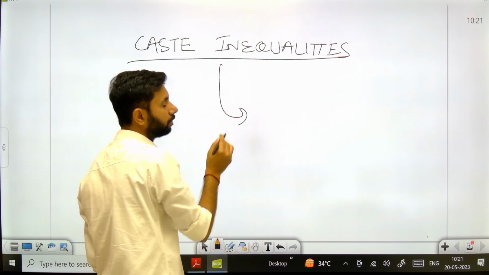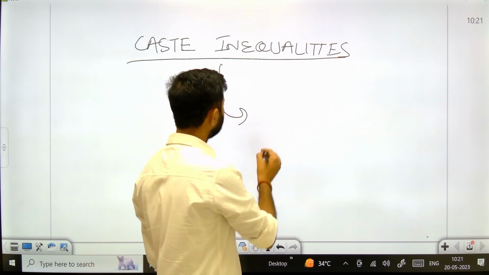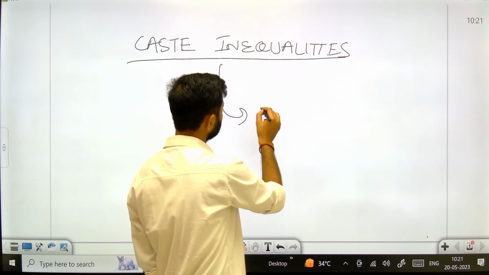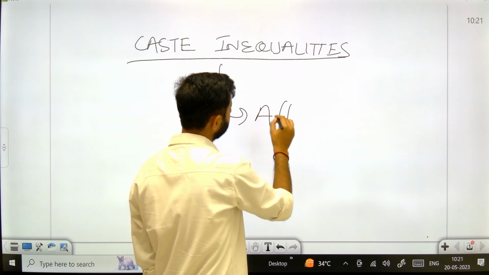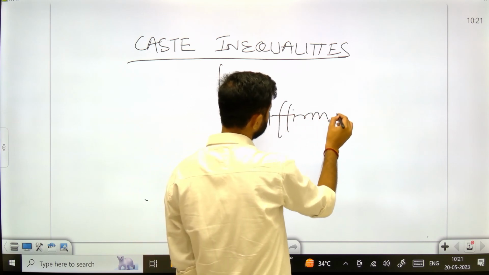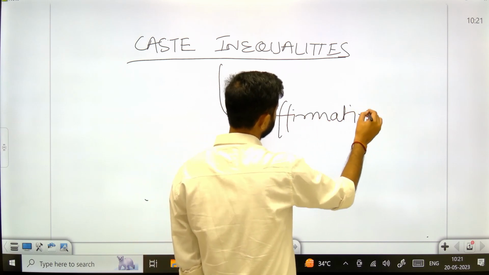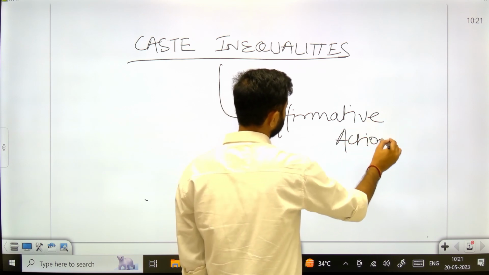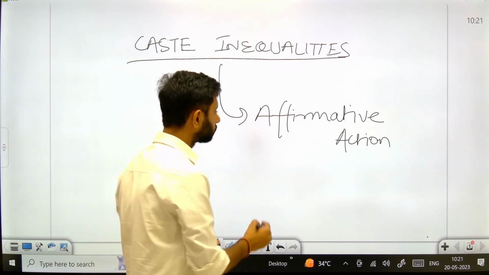And obviously, to reduce historical caste inequalities, the government has provided affirmative action to correct historical wrongs.